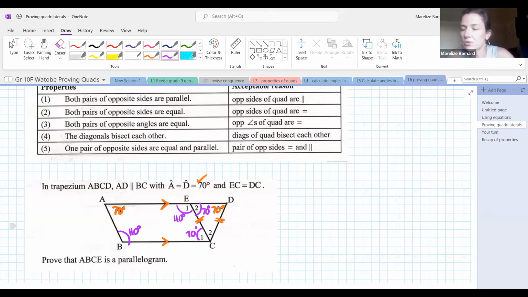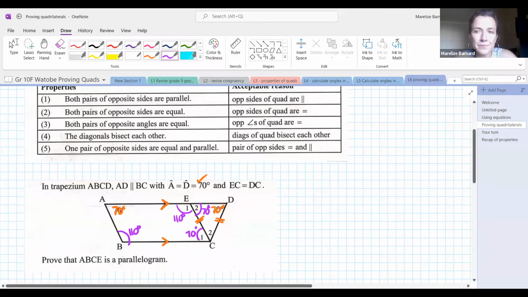Right, Mpendulo, you have a question. Go for it. You can unmute, Mpendulo. Why do we say E1 is 110?